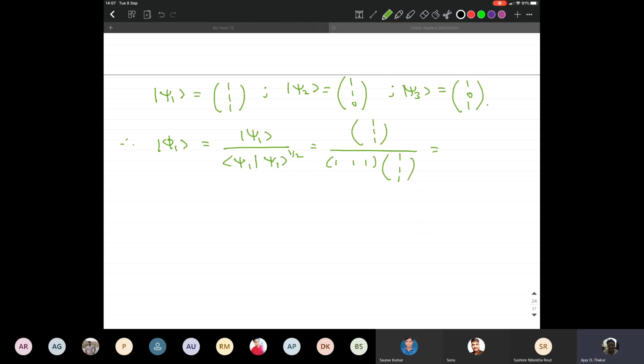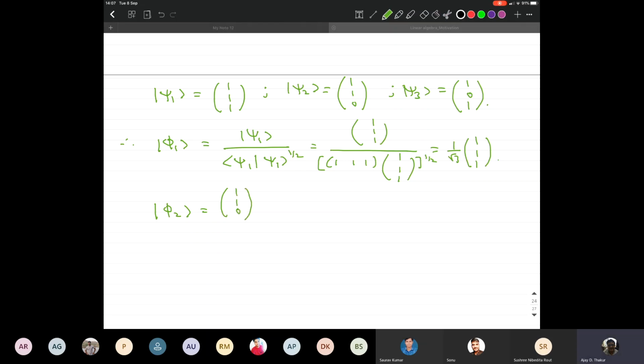So this is a pure number and square root of that. So this is like 1 over root 3, 1, 1, 1. So we straight away know what is going to be phi 1. Now phi 2, we can write it as psi 2. So psi 2 is 1, 1, 0.